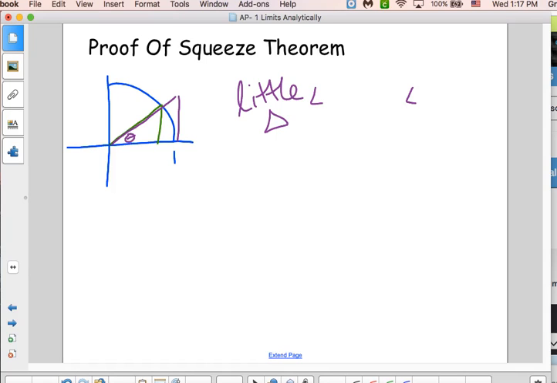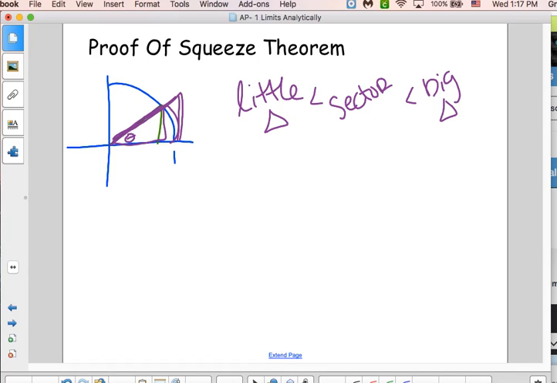And in between those two, we have the sector area, which is also created from that triangle. So we have our little triangle here, our sector here, and our big triangle out there. In order, do you agree? It's the little triangle, the sector, and then the big triangle. So we're going to compare those areas because the shapes we know go in that order.